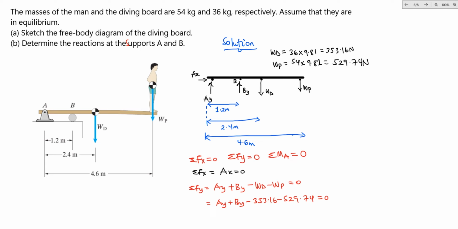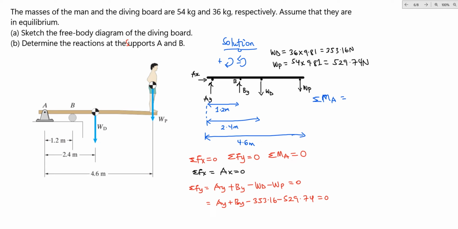Now let's look at the last equation, which is the sum of moments about point A. As you can see, Ax and Ay are acting directly at point A, so they will cause no moment. You consider clockwise moment to be positive and counterclockwise to be negative.